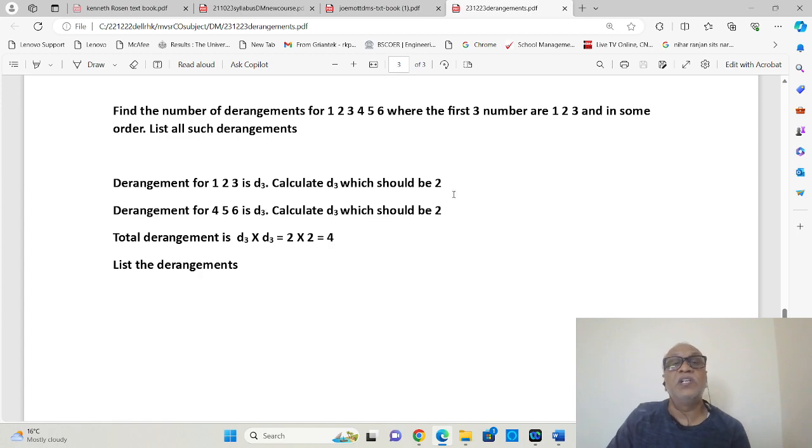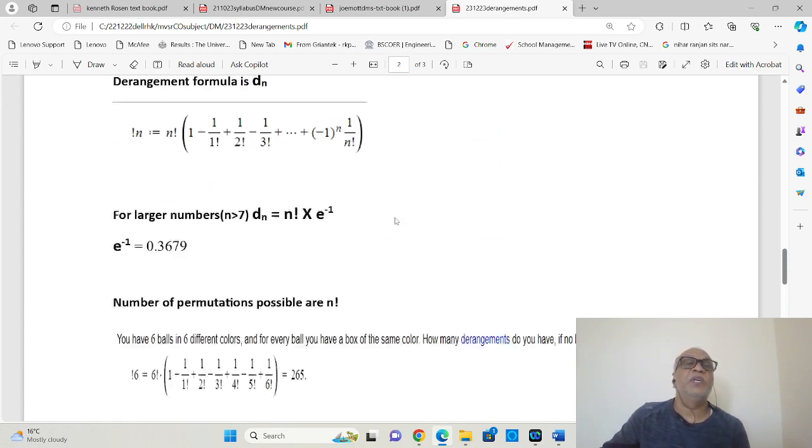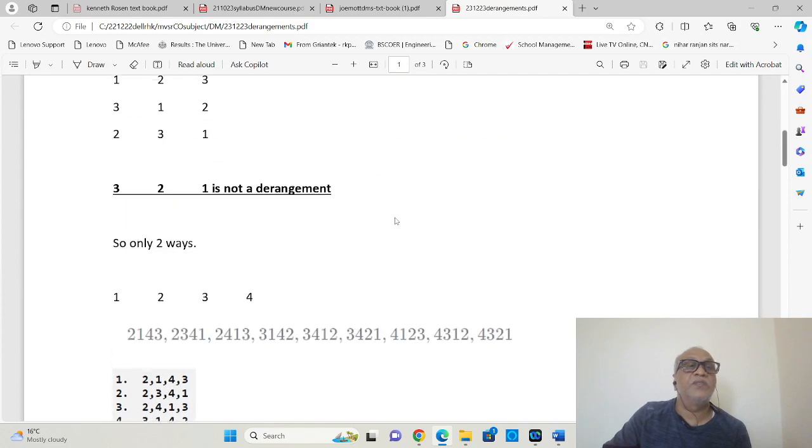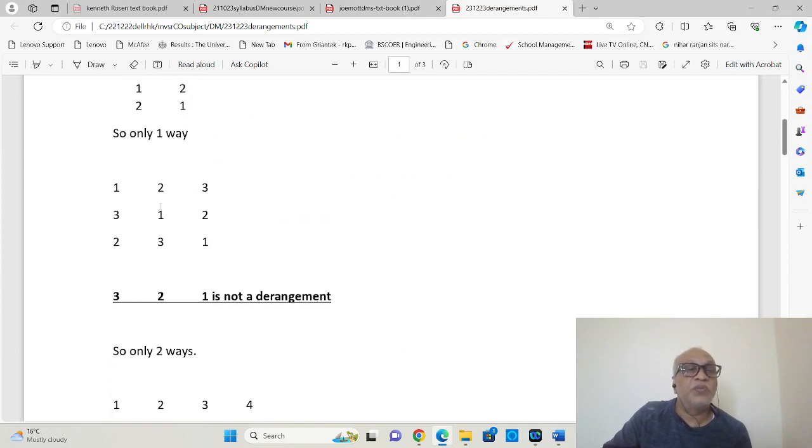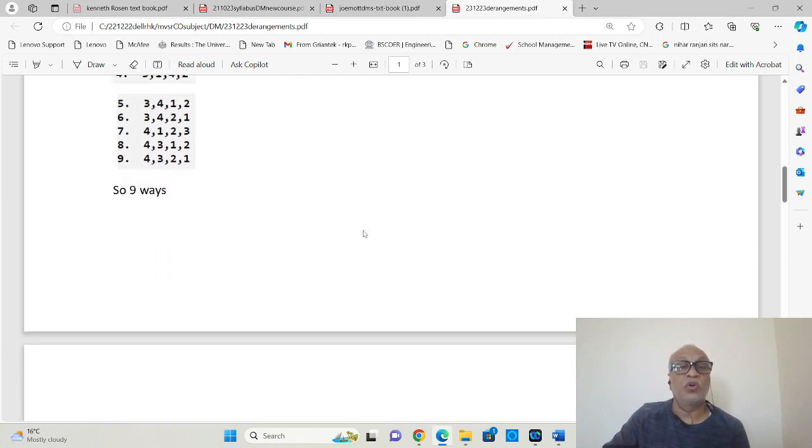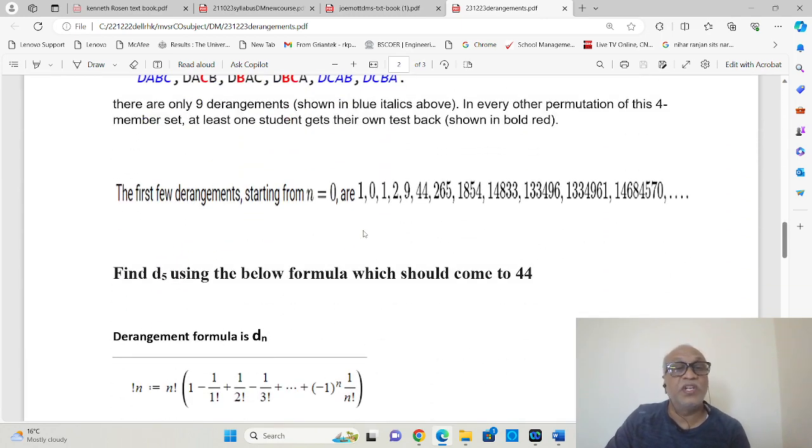So if you calculate D3, you know it is 2. Even in the beginning example, if the objects are 3, there are two ways possible. Two combinations are possible for derangement.